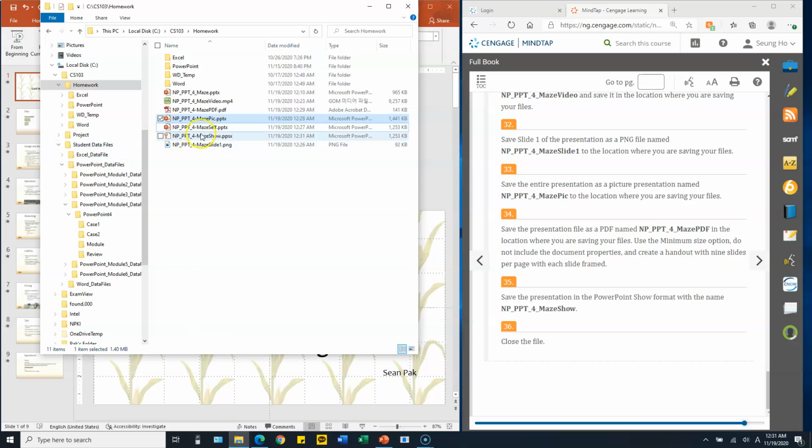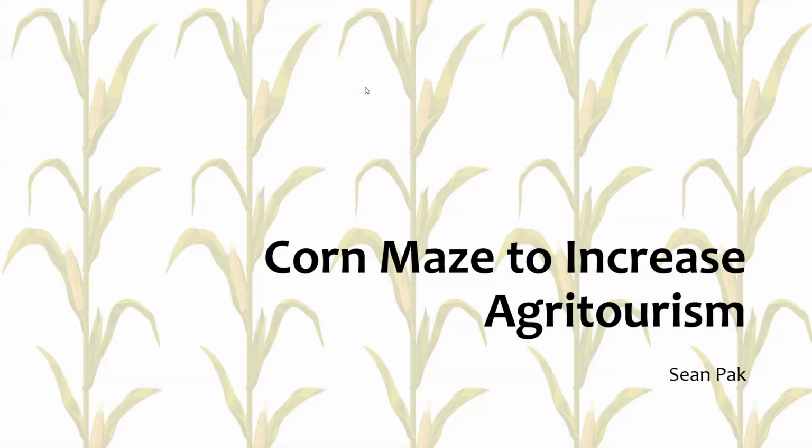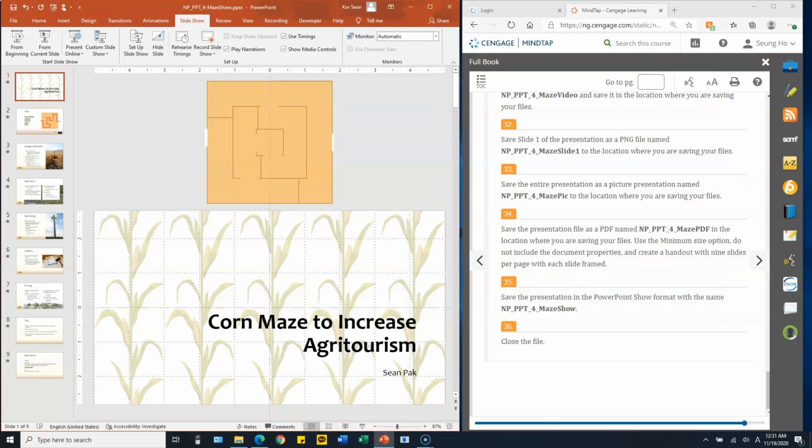Once you click this PowerPoint Show PPSX, the icon is different. If you double click it, this one will just show the slides. If you press Escape, okay, this is the original one.